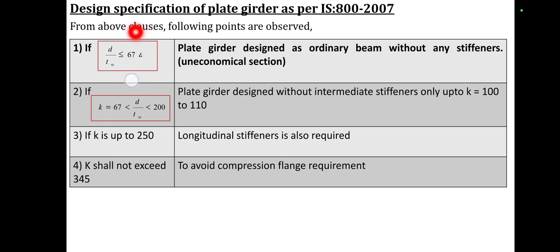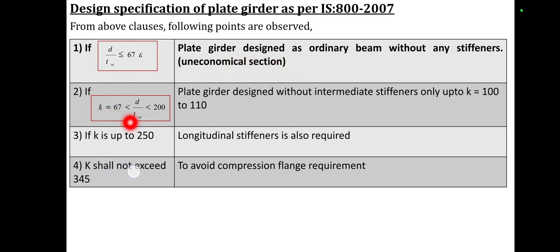Further, from the above clauses the following points are observed. Number 1, if d by tw is less than or equal to 87 epsilon, the plate girder is designed as an ordinary beam without any stiffener, that is an uneconomical section.